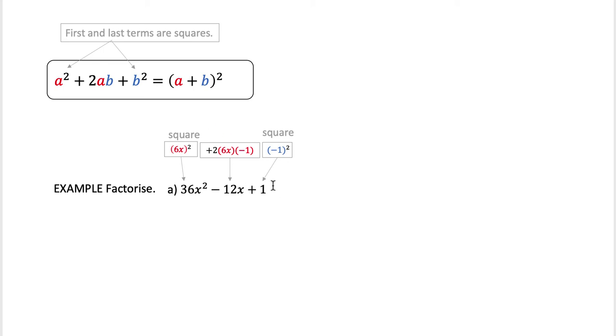So our expression is of that form and that's why we can use it to write it in this form. Now our a in here is 6x and our b is negative 1. So we can write this as 6x plus minus 1 in brackets and squared.